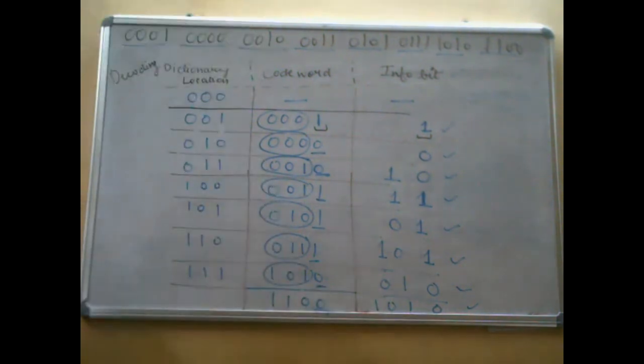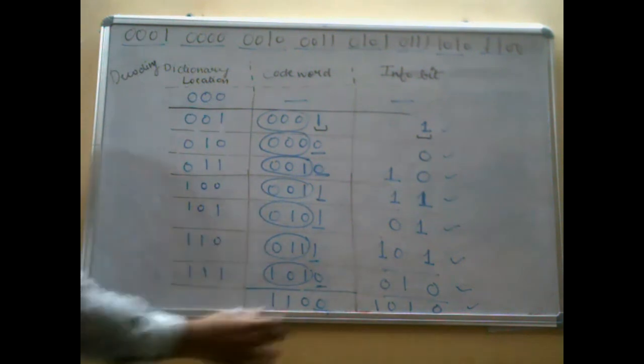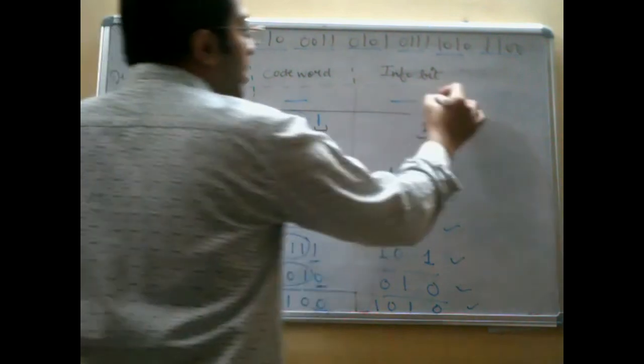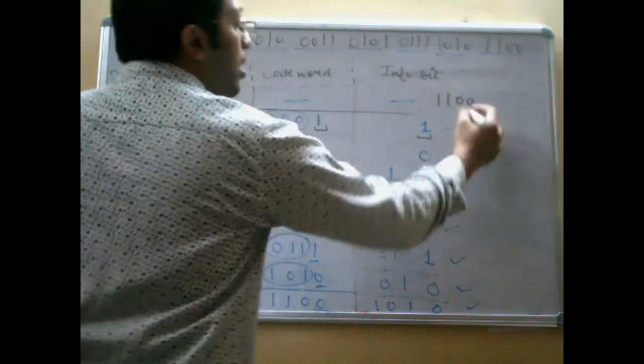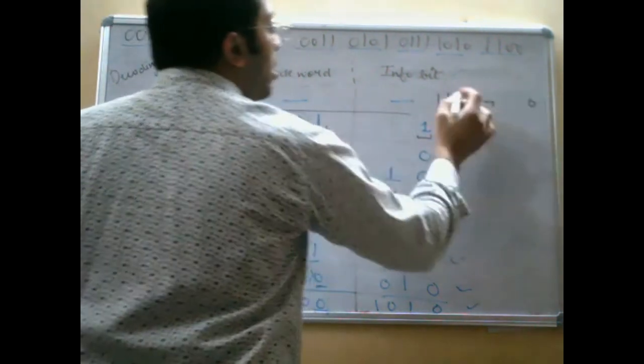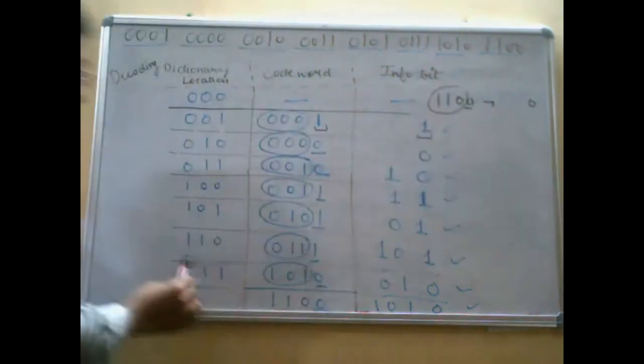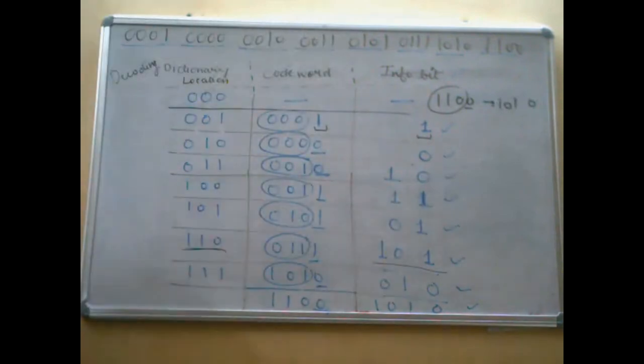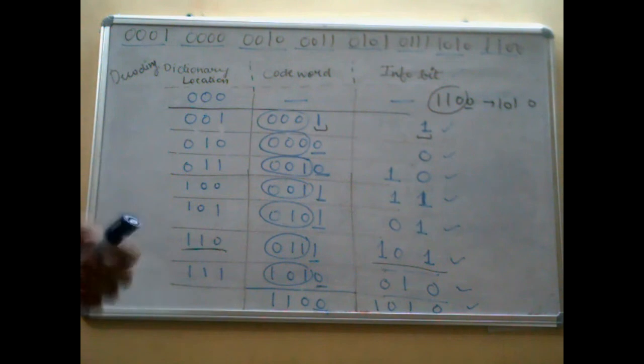Last one is 1010. I'll write it over here. The code word was 1100. So for 0 it will be 0. For 110, what is it? 101. It will be 101. Okay, the last one. Any doubts in this now? Kindly ask.